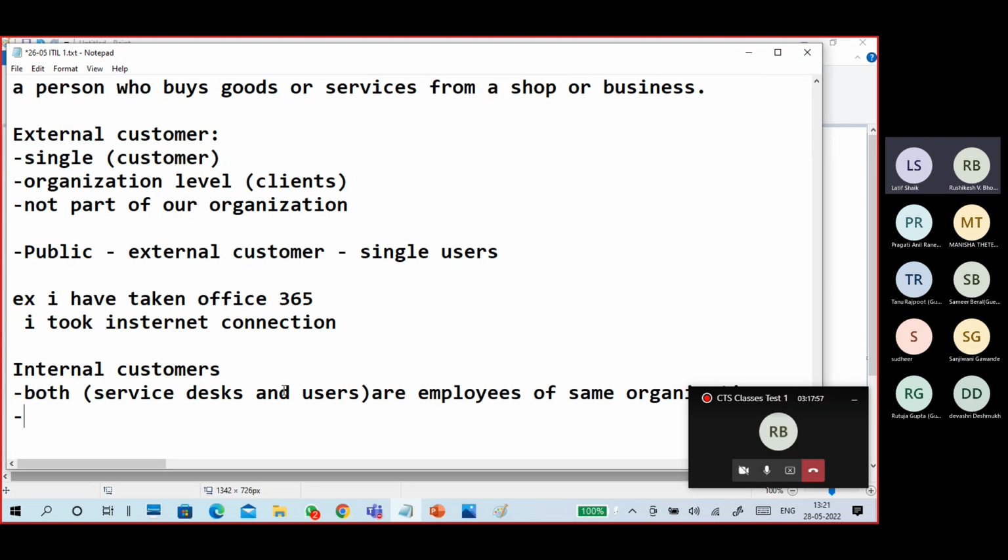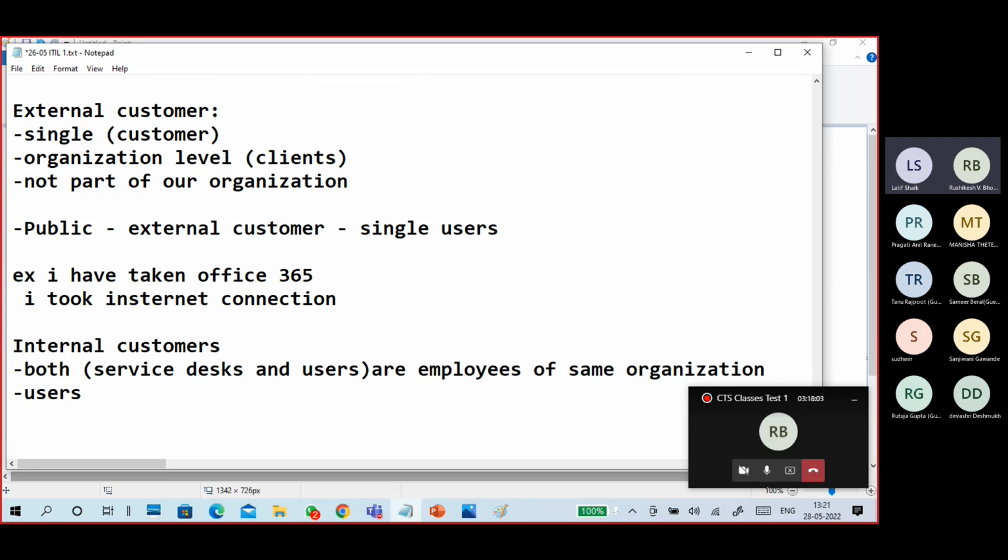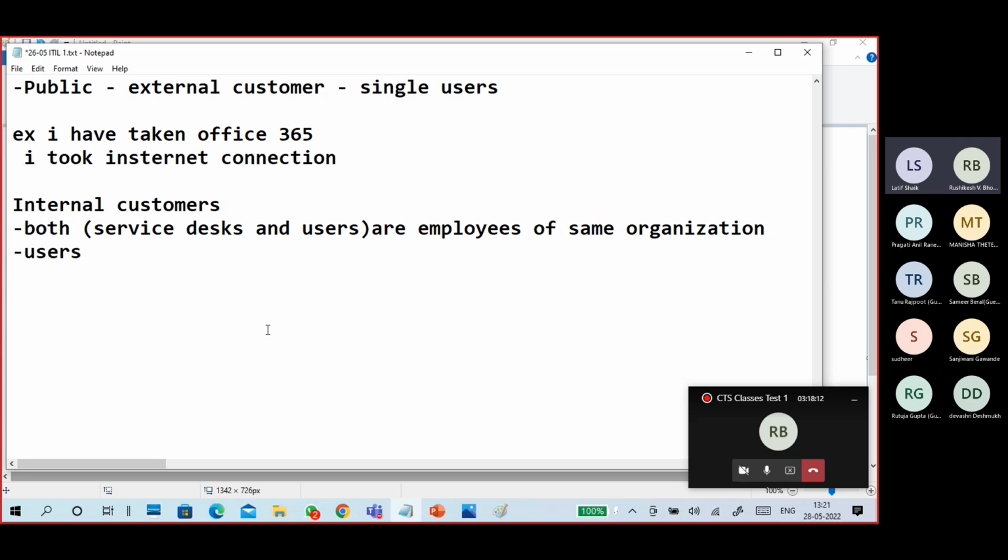People call these customers users. Here we call them customers, clients, users. All are the same. When you say user, generally they are internal customers only.